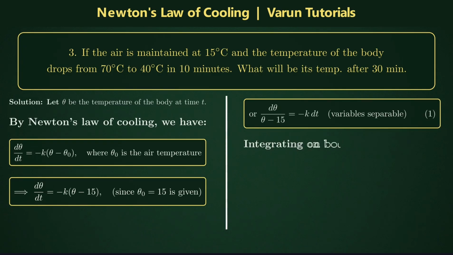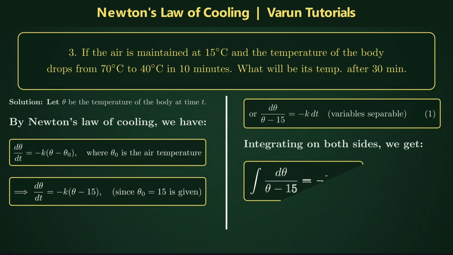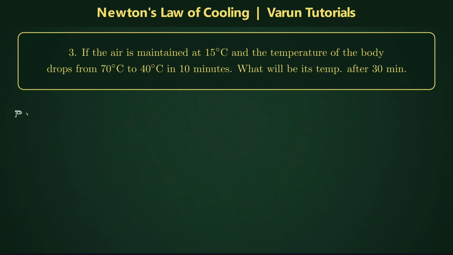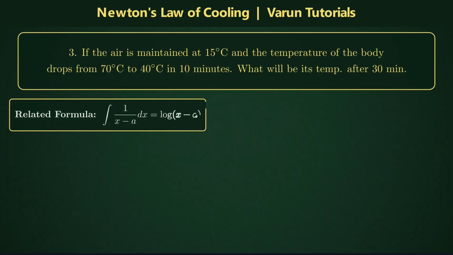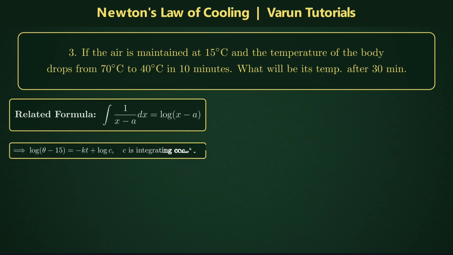Integrating both sides of the equation, we get the integral of d theta over theta minus 15 equals minus k times the integral of dt. Recall that the integral of 1 over x minus a is log of x minus a. Integrating, we obtain log of the quantity theta minus 15 equals minus kt plus log c, where c is the integrating constant.